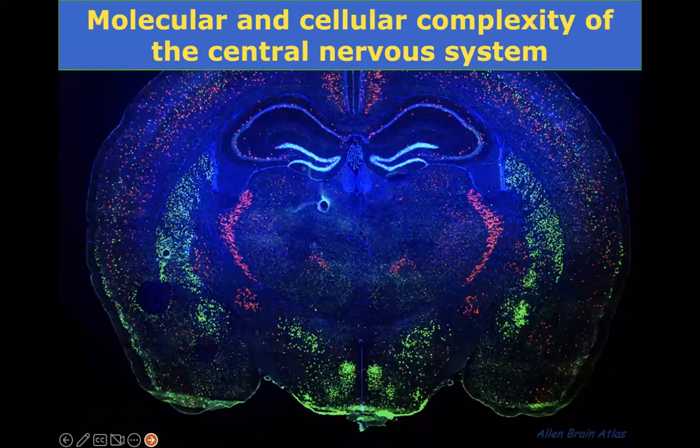So this is an example of a cross-section through a rat brain from the Allen Brain Atlas. And the different colors represent different transcripts of genes that are expressed in the nervous system, at least in the rodent, as a model for human.